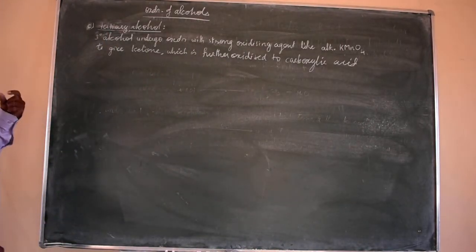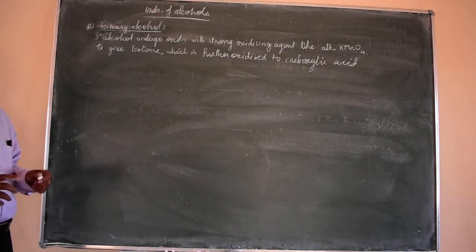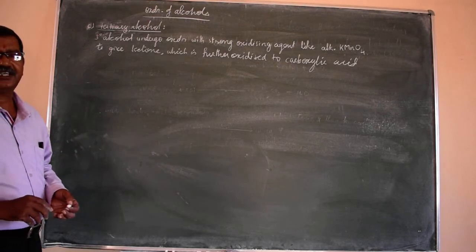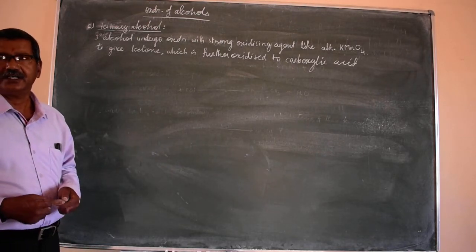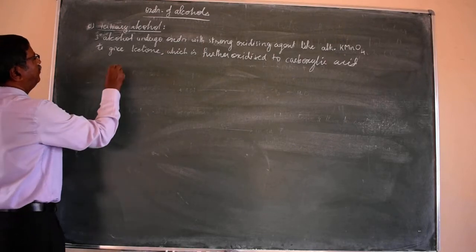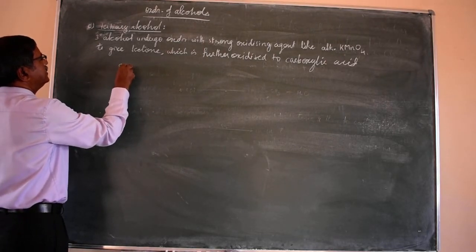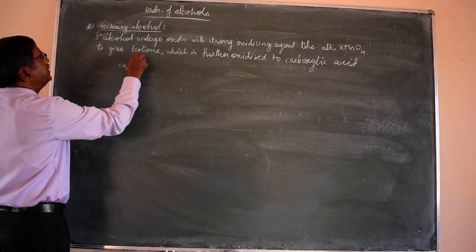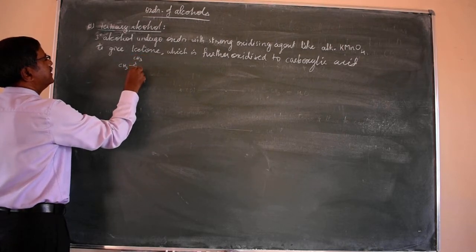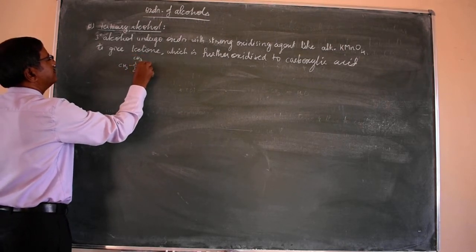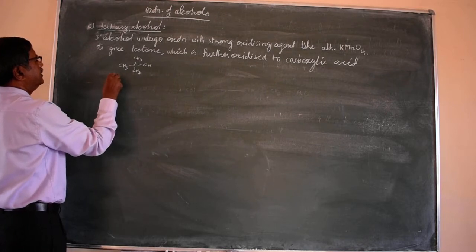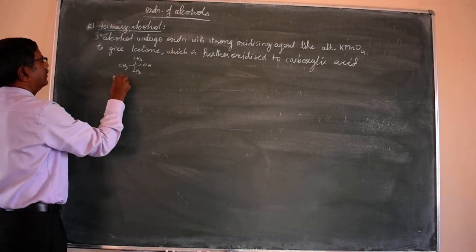I am writing directly the example instead of writing the general equation. You can understand more easily by writing the example. So the example is CH3-C(CH3)(CH3)-OH. This is tertiary alcohol.